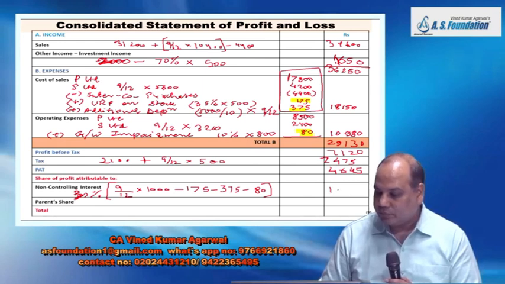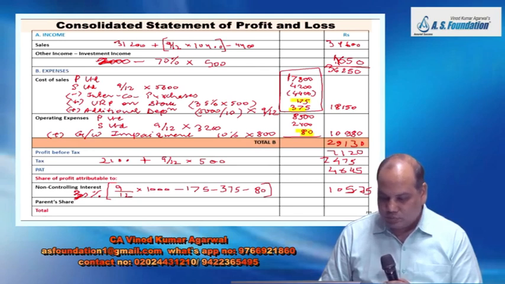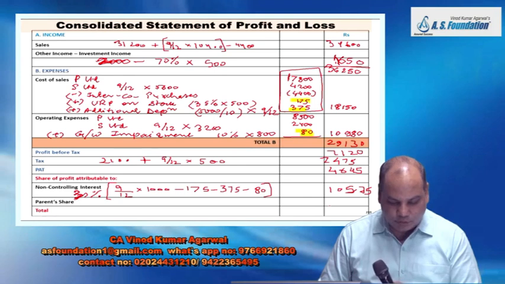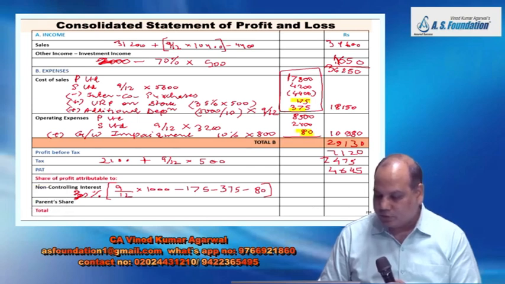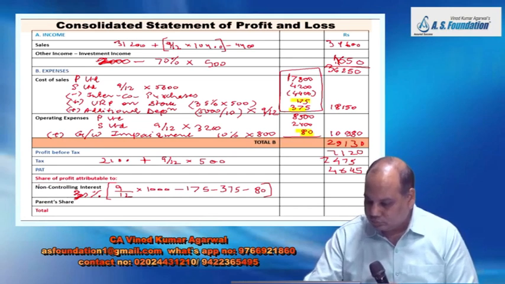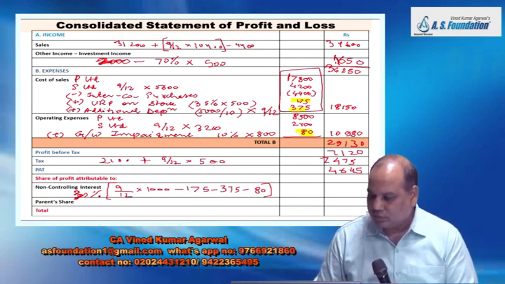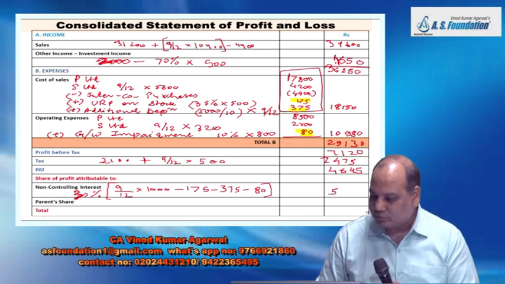105 point... So is it 105.75? I think there is some calculation error. 58.50. 58.50.